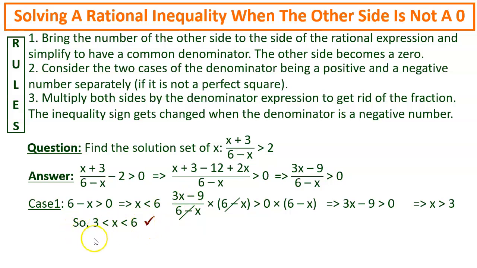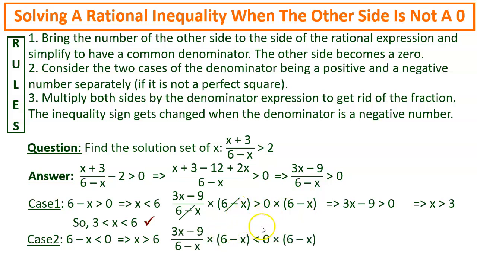Okay. Now coming to case number 2, where 6 minus x is considered to be a negative number, that is 6 minus x is less than 0. From this inequality, we are getting the solution set of x as x is greater than 6. Again, we will be doing the same thing. We will be multiplying both the sides by 6 minus x because we want to get rid of the fraction.